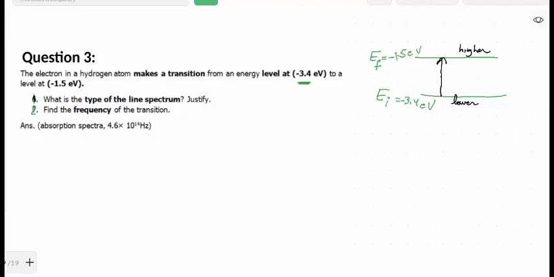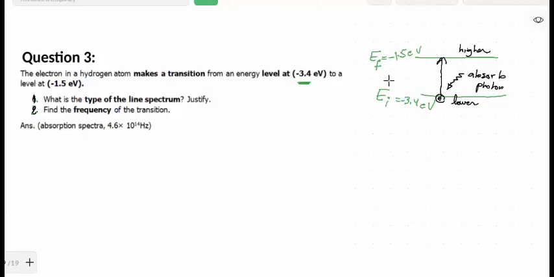Question number one. What is the type of line spectrum? We know we have two types of line spectrum, either absorption line spectrum or emission line spectrum. Here, to move the electron from a lower energy state to a higher energy state, this electron needs to absorb a specific photon, not any photon, which matches the difference.